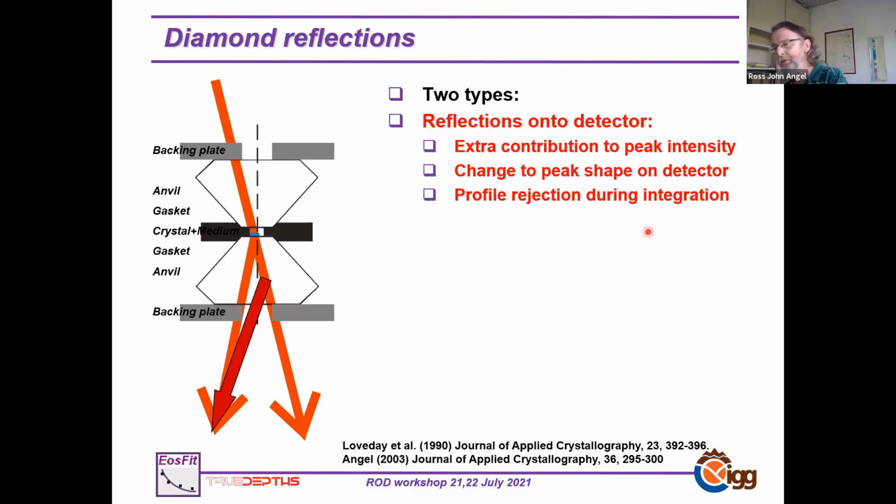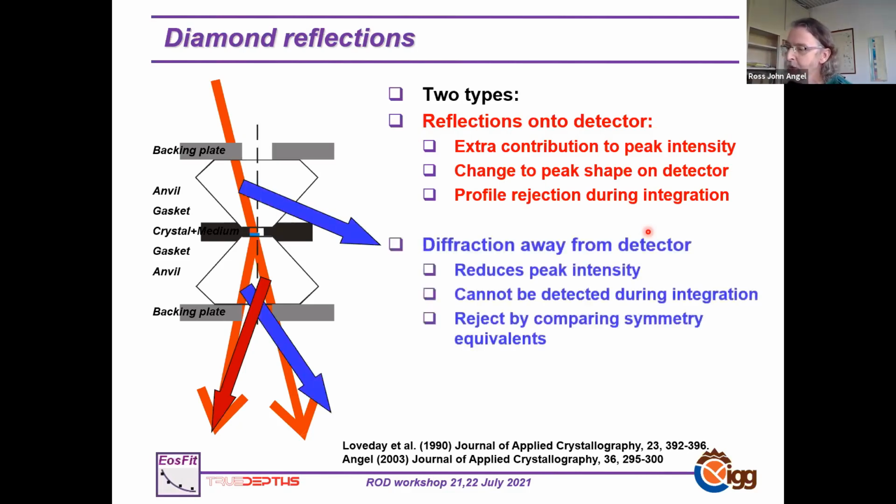The second type of diffraction is different and more difficult to detect because it is diffraction away from the detector of incident intensity. So your crystal reflections still have the same size and shape as all the other crystal reflections, but at that point, the crystal wasn't seeing as much incident intensity, or maybe part of the diffracted beam, as I've shown here, was diffracted away, and this reduces the peak intensity.